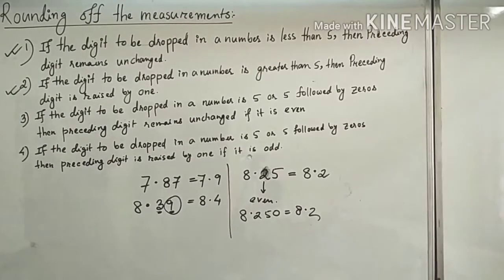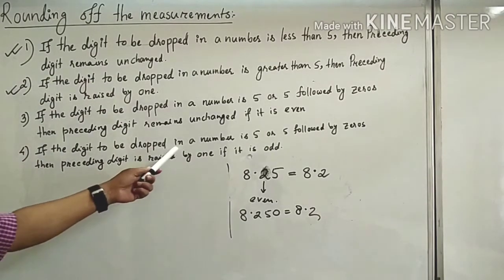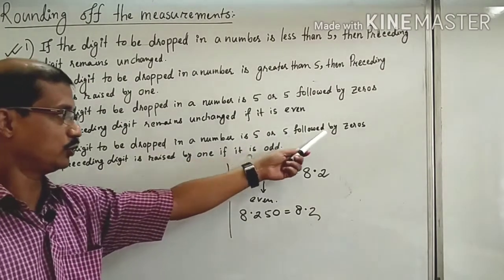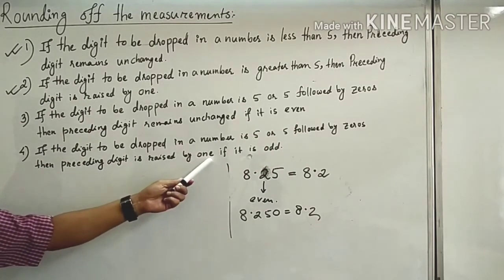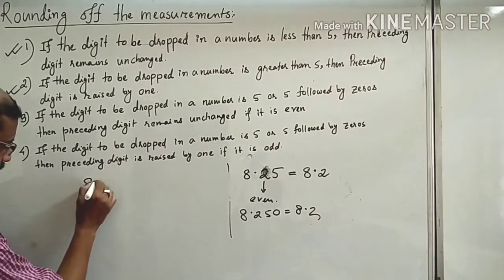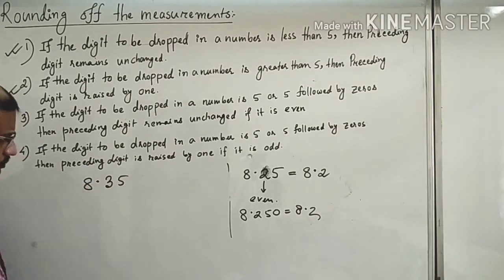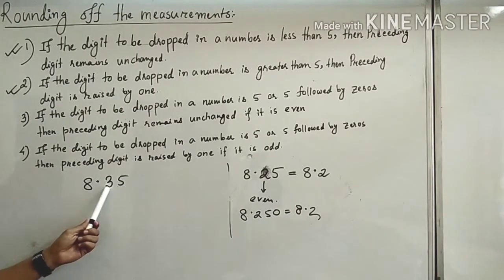Then rule number 4: if the digit to be dropped in a number is 5 or 5 followed by zeros, then the preceding digit is raised by 1 if it is odd. Suppose we have a number 8.35. The digit to be dropped is 5 and the preceding digit is 3, which is an odd number.